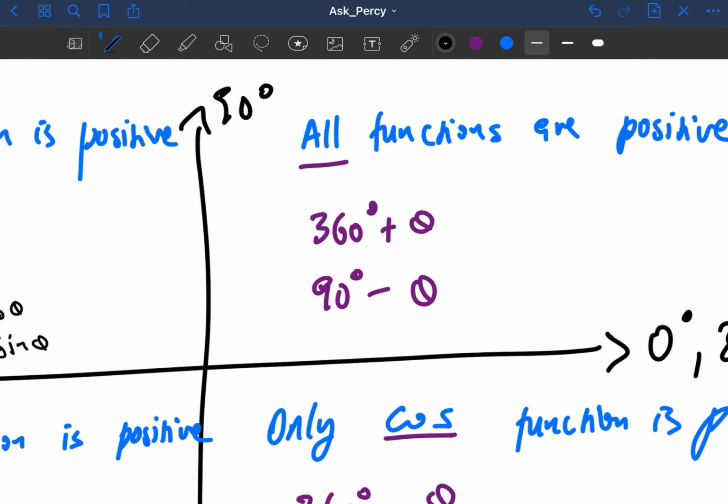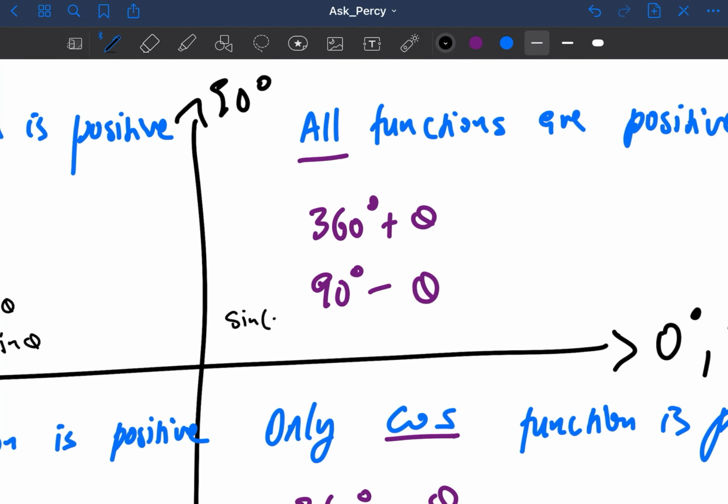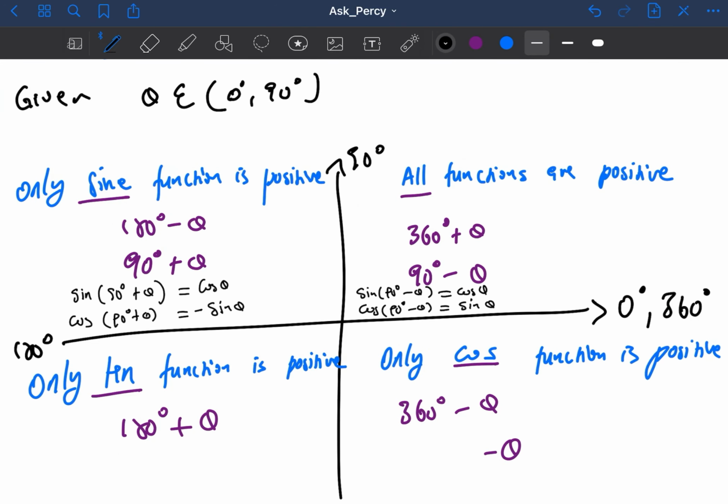And sine of 90 degrees minus theta, where is it? It is in the first quadrant, and everything in the first quadrant is positive, so you have positive cos theta, and cos of 90 degrees minus theta is positive sine theta. This is what we're going to use to change that.